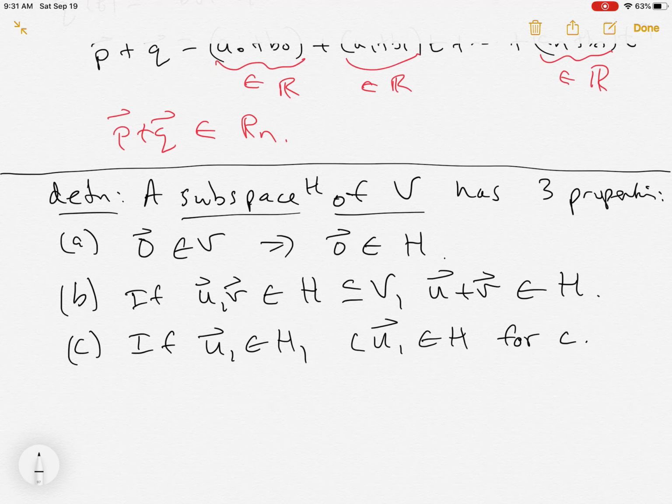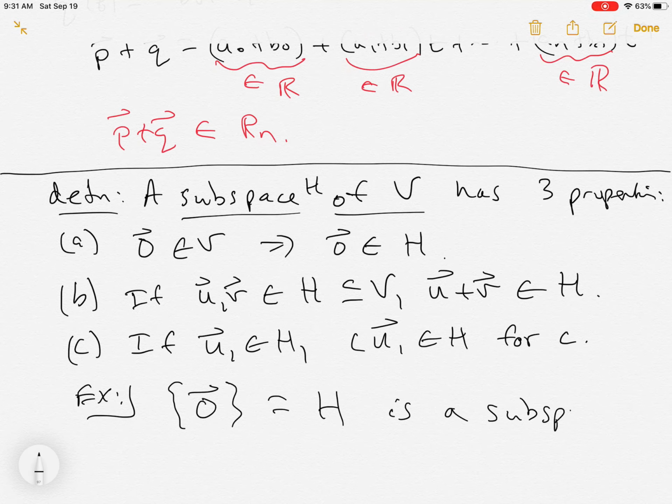And it's always fun to have the easiest example possible. If you let the zero vector be the subspace H, it's a subspace. Zero is clearly in there. It's the only thing. 0 plus 0 is 0.